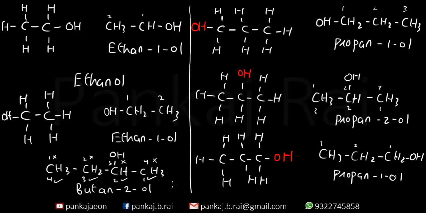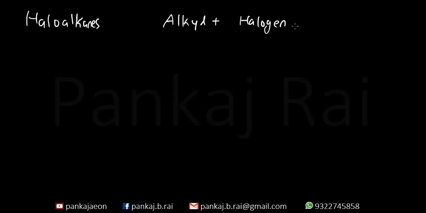Now let us move ahead by looking at the haloalkanes. First of all, what are haloalkanes? We are discussing haloalkanes. Haloalkanes are halogen derivatives of alkanes. That is, one hydrogen is removed from the alkane and a halogen takes the place of the hydrogen atom, or I can simply say an alkyl plus a halogen will give you a haloalkane.